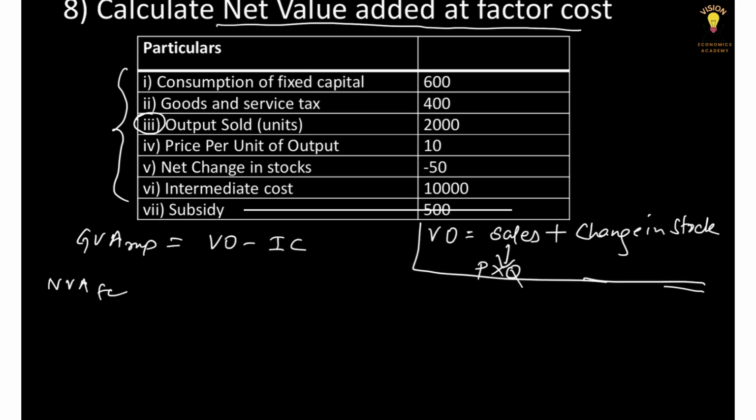Now, price per unit of output is given as 10 and output sold is given 2000. So therefore, your sales would be 10 into 2000, which will give us 20,000.